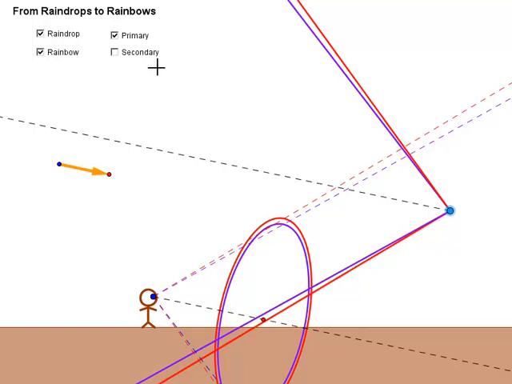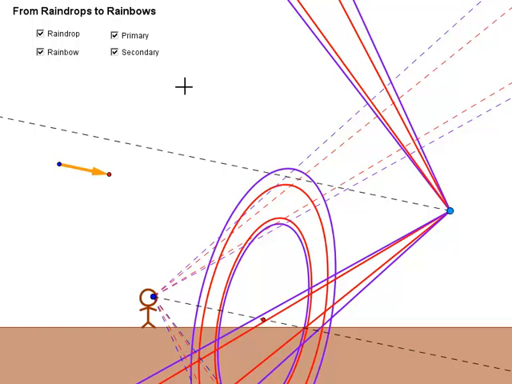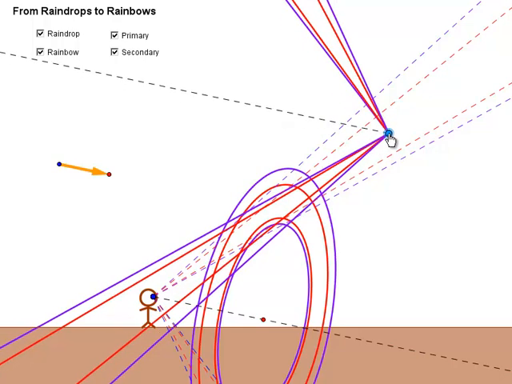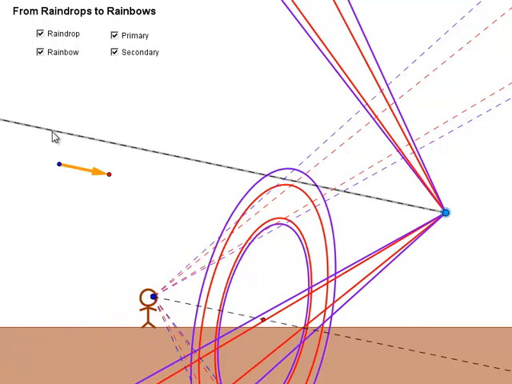By the way, we have a secondary bow as well. I'm not going to spend time on that, although we could do a parallel kind of analysis. But there's actually a second cone, and this is actually forward scattered light. So the light that hits the droplet here, some of that light is scattered forward, and it's only back as far as this angle on either side.